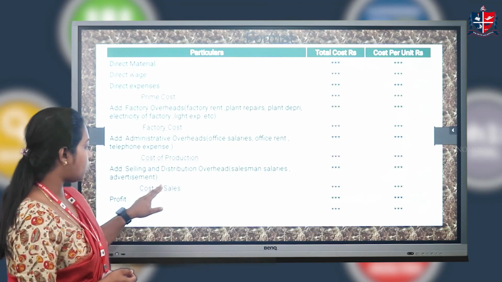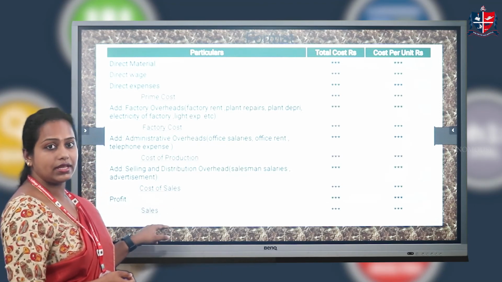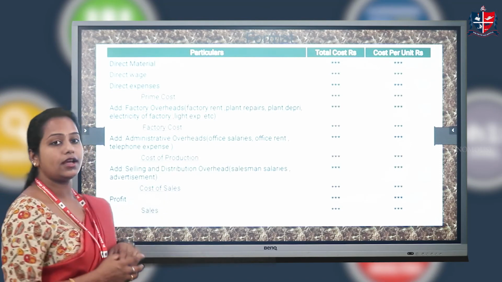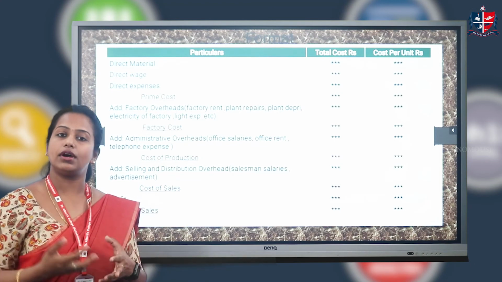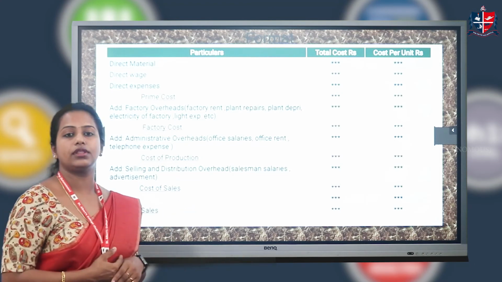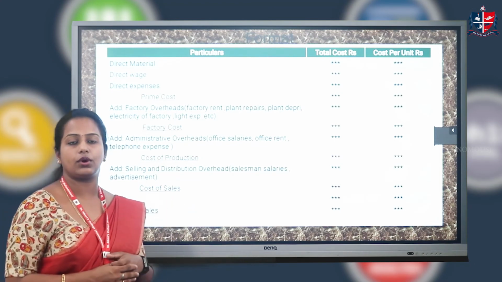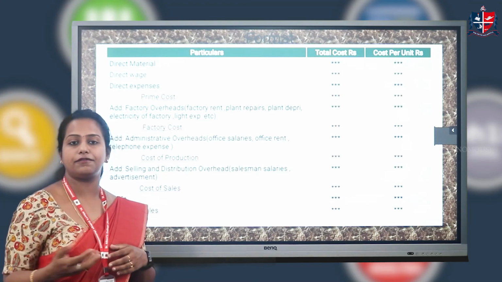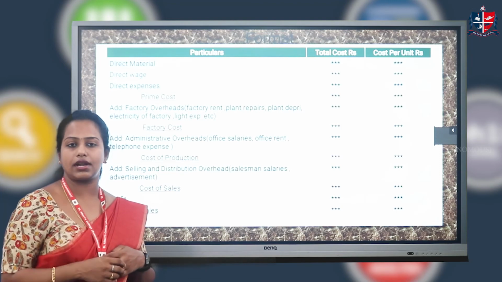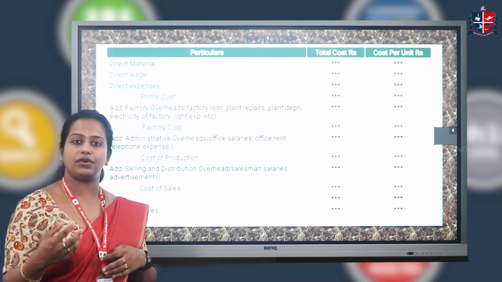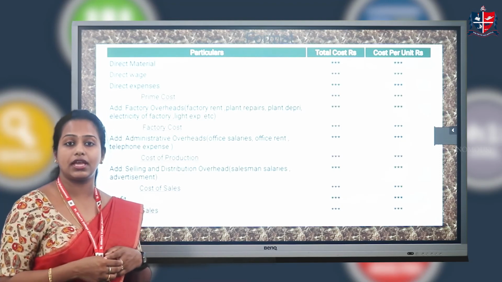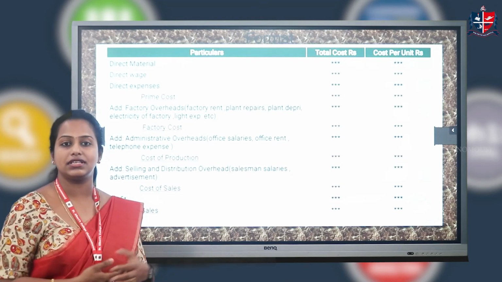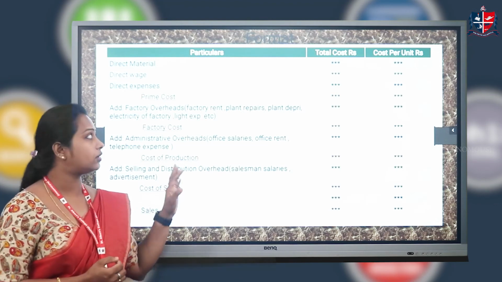The reason we are finding the cost sheet is to identify whether the unit is running profitably, and what measures can be taken to control the cost. These are the reasons why we prepare the cost sheet.